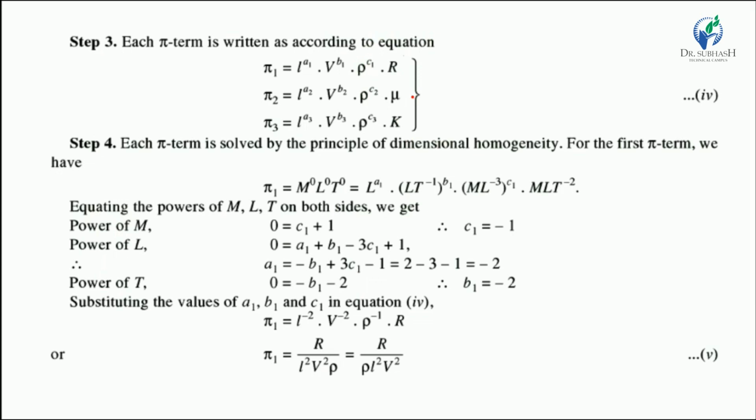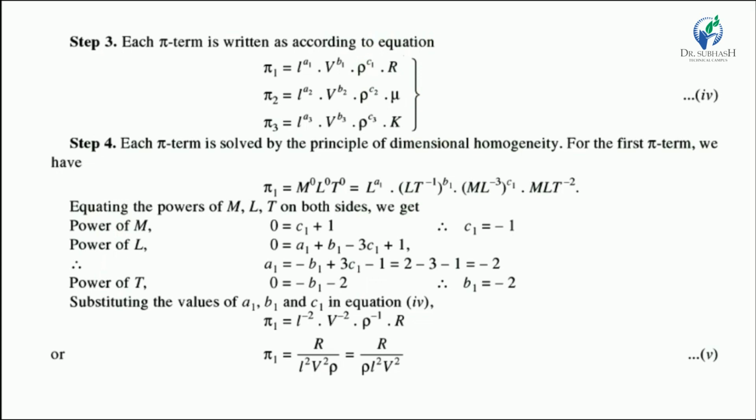So there is no change in the value or in any equation whichever non-repeating variable is considered in whichever pi term. Okay. Now we have to start the further procedure, comparing the MLTs.